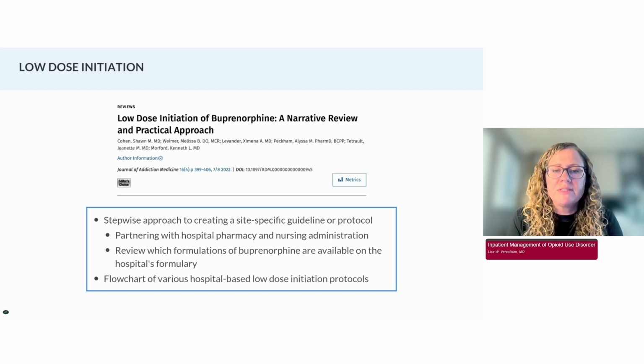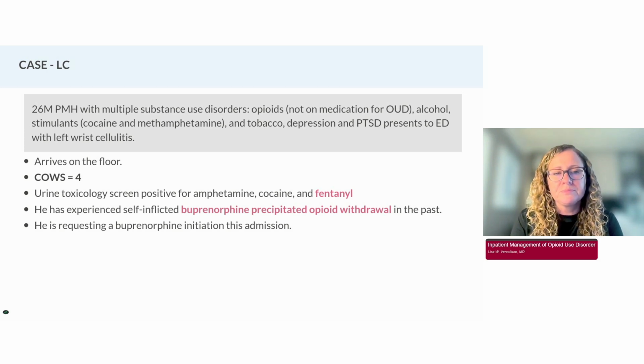This is really a stepwise approach to creating a guideline within your own institution. It talks about how to partner with your pharmacy and your pharmacists, looking at what formulations you might already have on your formulary to do this, and then gives you ideas of various protocols.